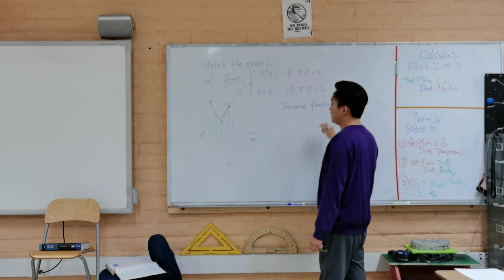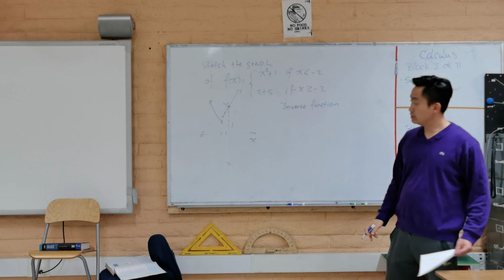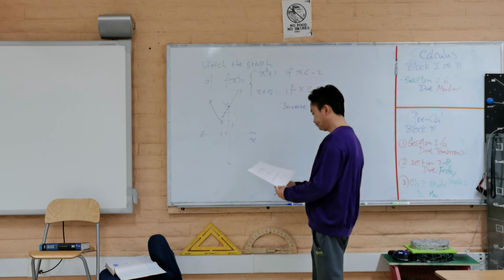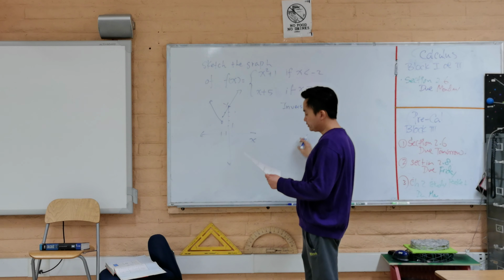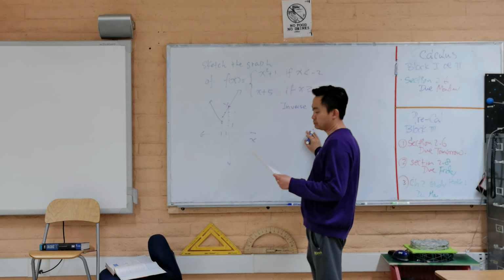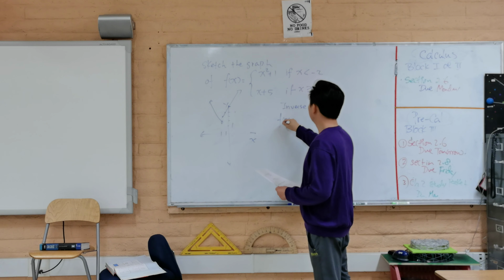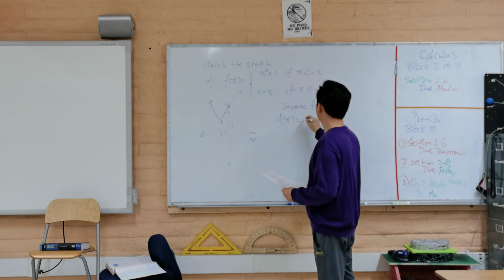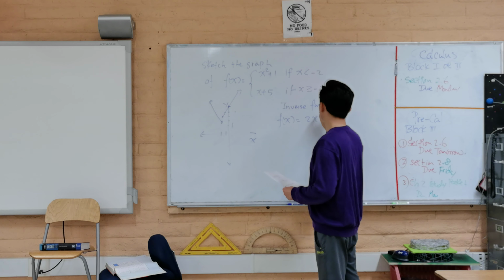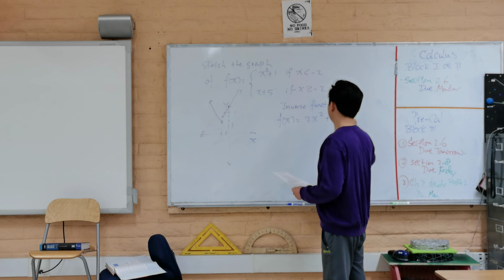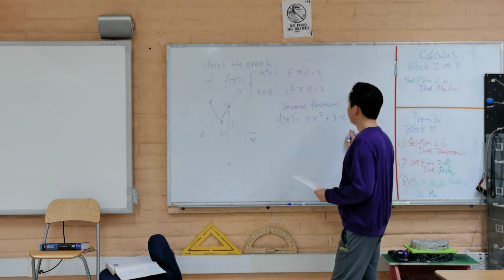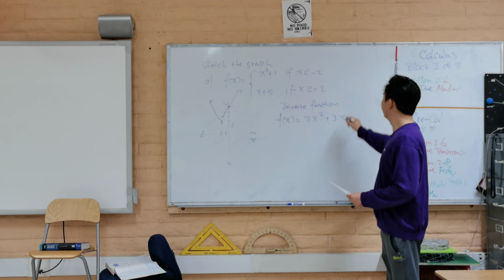To find the inverse function, there are a couple of things to watch out for. If it's just a set of numbers, all you have to do is swap the x and y values. But what happens if it's given with f of x equals 2x squared plus 3x? We're going to find the inverse function of f of x.